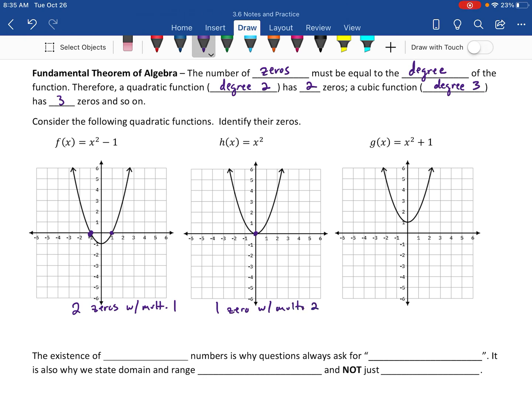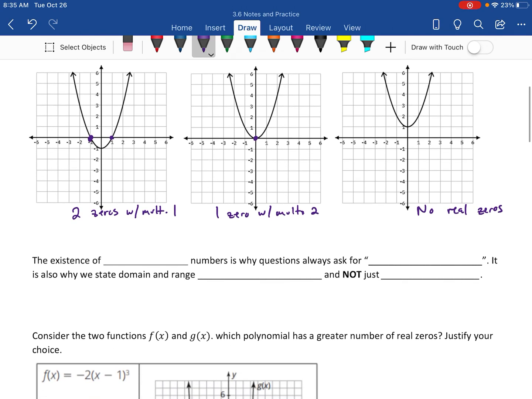And then graph 3, x squared plus 1, has no real zeros, because it doesn't cross the x-axis at all. So, the existence of all real numbers.